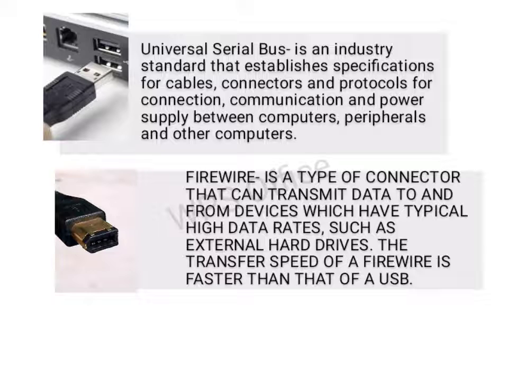FireWire, also called the Institute of Electrical and Electronics Engineers 1394, or iLink, is a high-speed computer data transfer interface that was used to connect personal computers, audio and video devices, and other professional and consumer electronics. So this kind of wire is faster than the USB type.